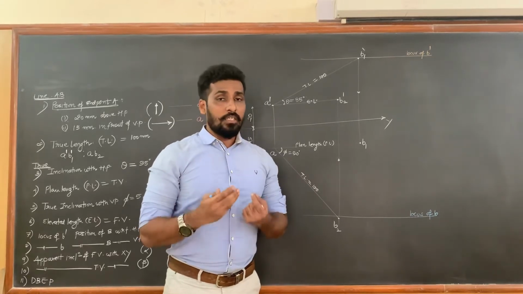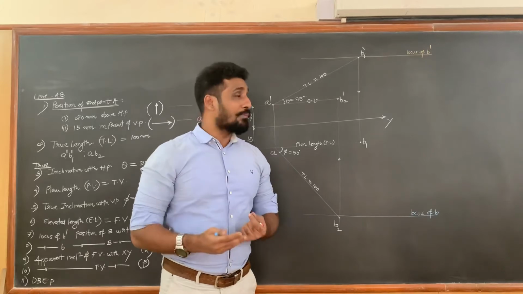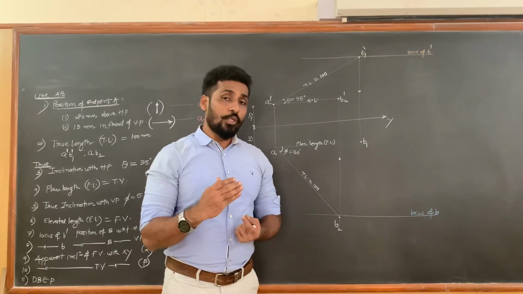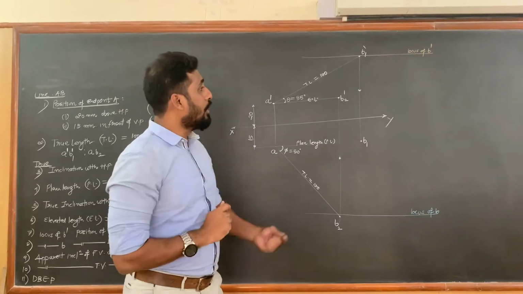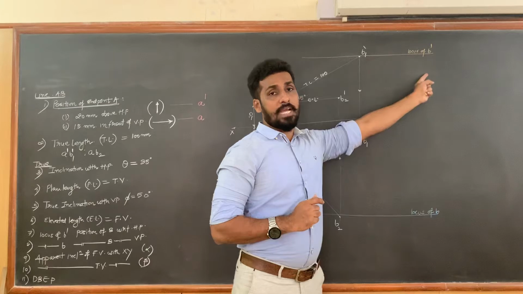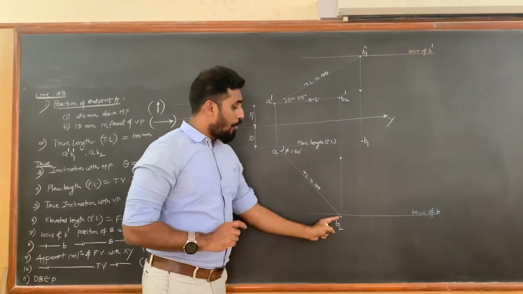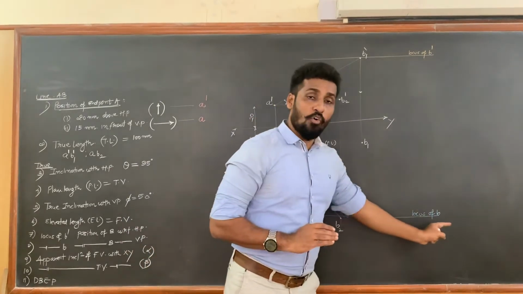The explanation is very much in detail over here. If I start explaining all these things, it will become a very long video. So what you need to know is how to draw the master solution. From this B1 dash, I have drawn a line called the locus of B dash. From the point B2, I have drawn a line called the locus of B.